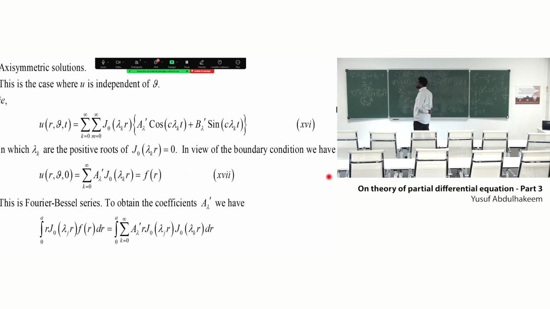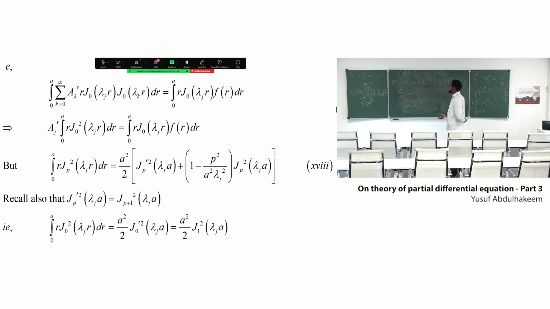So in view of the boundary condition, we have our u of r, theta, 0 to be equal to what we have here. So this is a Fourier-Bessel series. And to obtain the coefficient a, that is, to obtain this constant, we have this integral here. Then, of course, on carrying out that integral, we can see this, we have this.